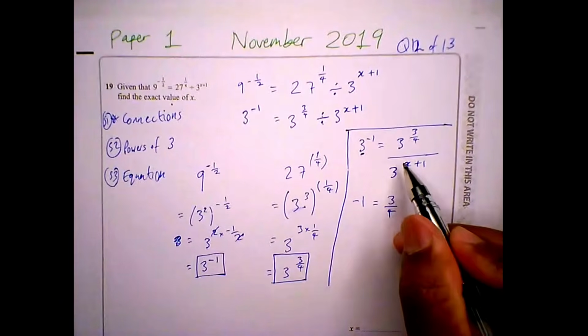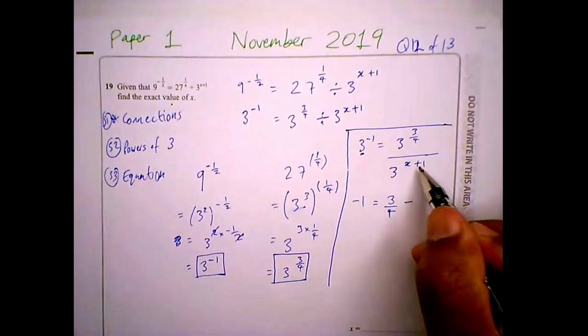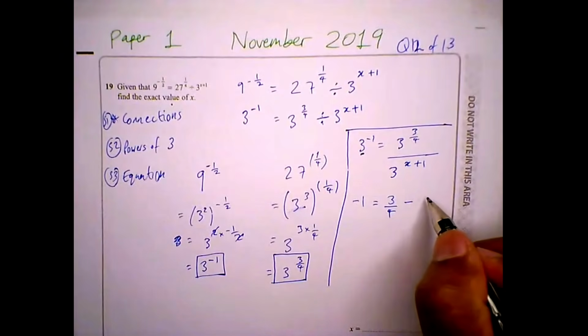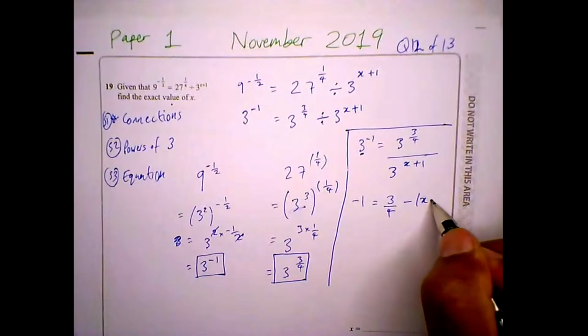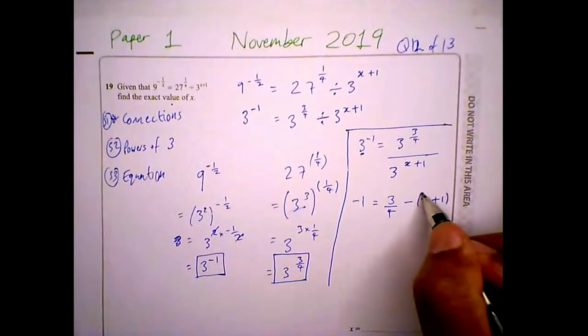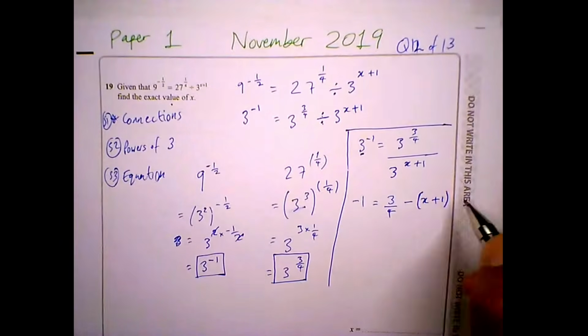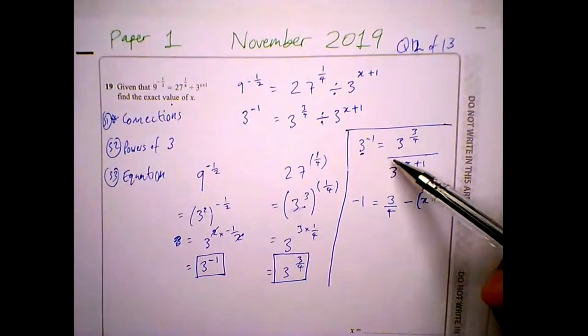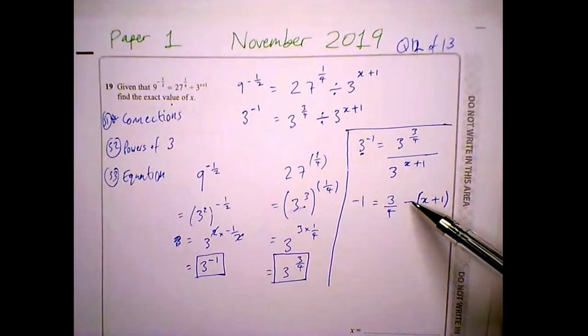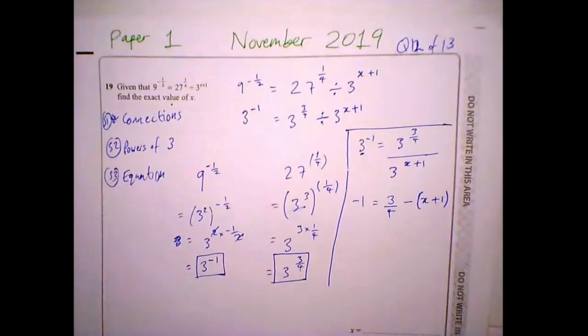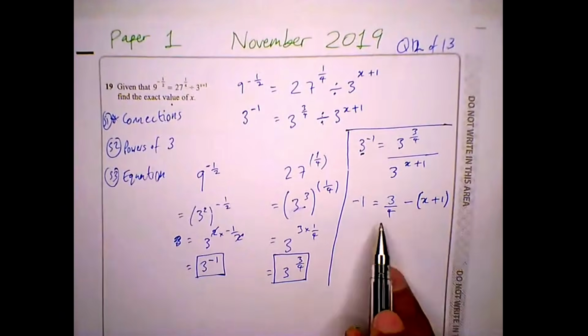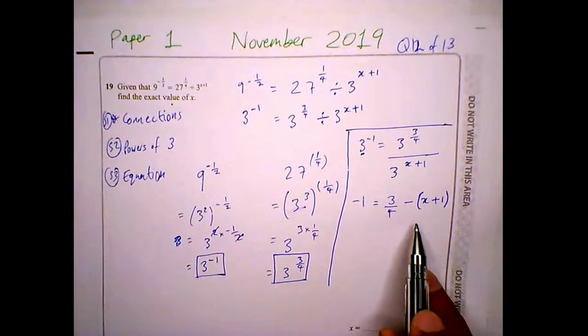When I divide, I'm taking away. Take away x plus 1. Powers. When we're dividing powers, we subtract, so minus x plus 1. Okay, so now the next thing, now I just need to rearrange to make x the subject.